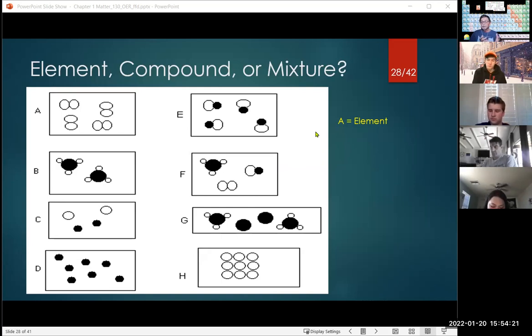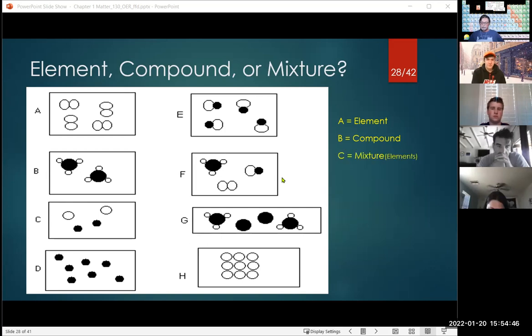Okay, and it's also pure. There's nothing else in there. B represents a compound, because a compound is a combination of two or more different elements bonded to each other, okay? And so you can see here we have the dark center one with three clear, white ones around it, okay? So some type of compound.